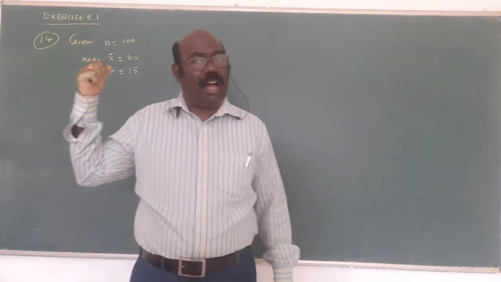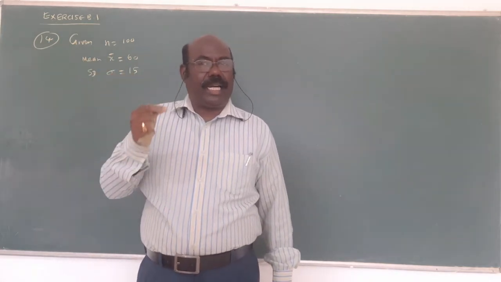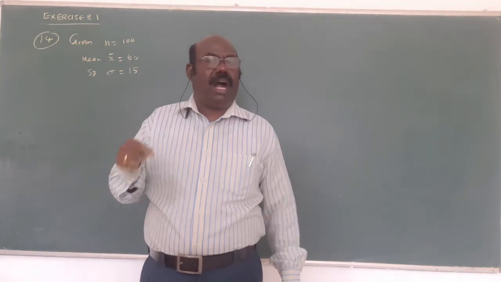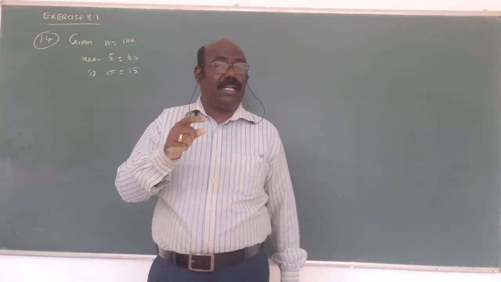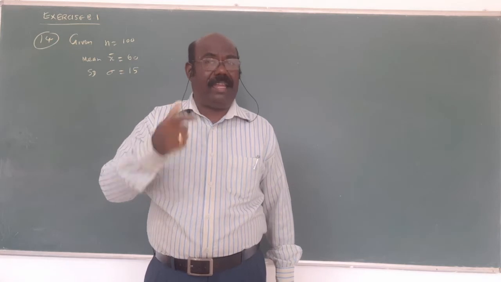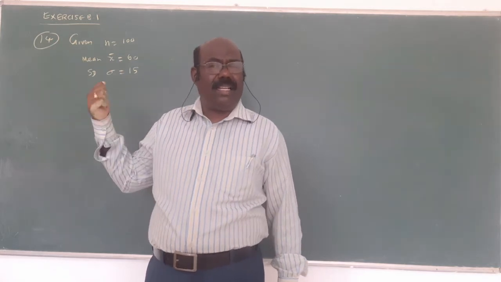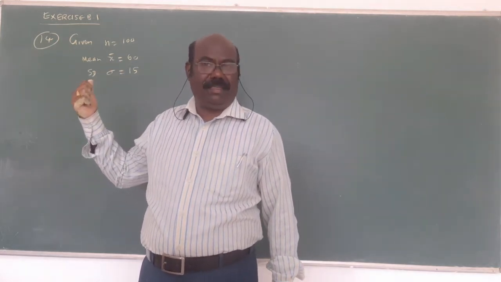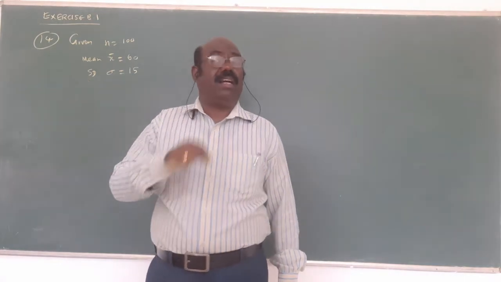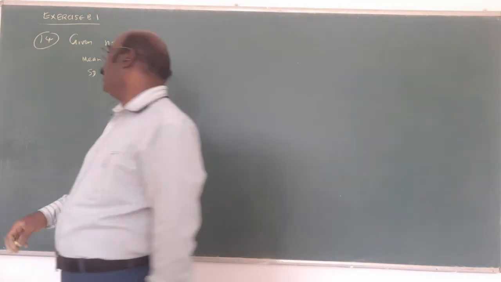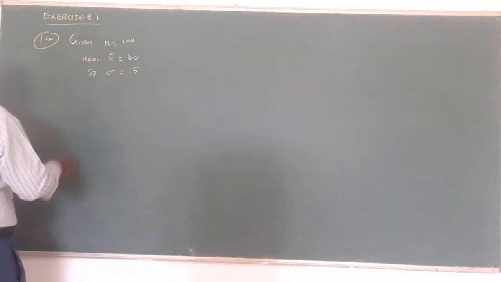The given mean is actually the wrong mean. What is the reason? Out of so many numbers, 2 numbers were entered in the wrong way. That's why this is called the incorrect mean. We want the correct mean.